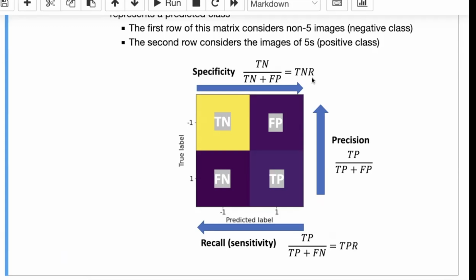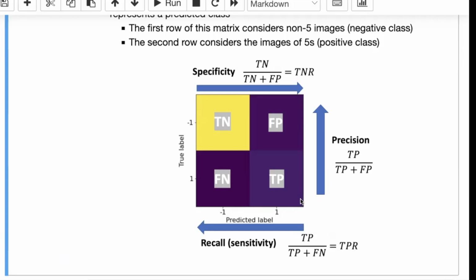So you can see that we define multiple metrics here, but they're all kind of related and they depend on this combination of false positives, false negatives, true positives, and true negatives. This figure helps you to remember the connection between these different metrics.